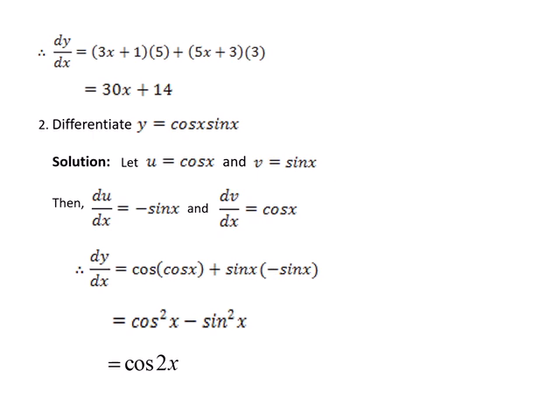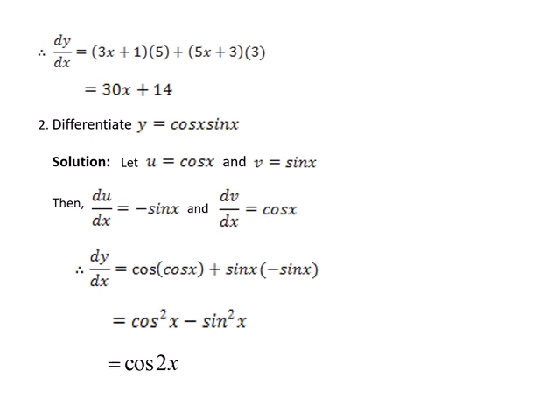Then also under this product rule again, we have: differentiate y equal to cos x sin x. If you look at this question very well, you see it is a product of two functions, where we have cos x and sin x.